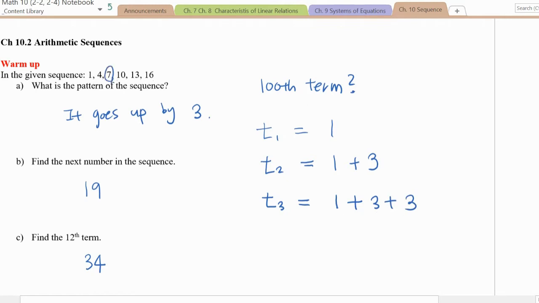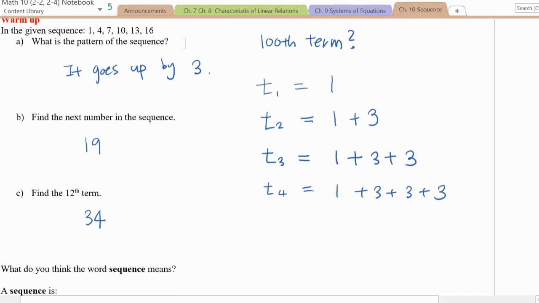So the third term is 7. What about the fourth? That will be 1 plus 3 plus 3 plus 3, which is 10. Fourth term is 10. So remember, it is increasing by 3.